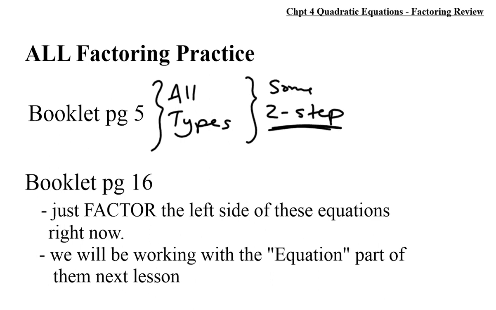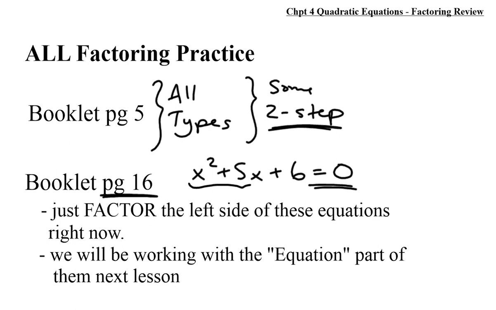Make sure after you've done GCF or difference of squares, do you have something that's still factorable? And then booklet page 16, here you have questions that all equal an equation. Forget the equation part to get a head start on what we're doing next. On page 16, just factor the left side of all the equations.